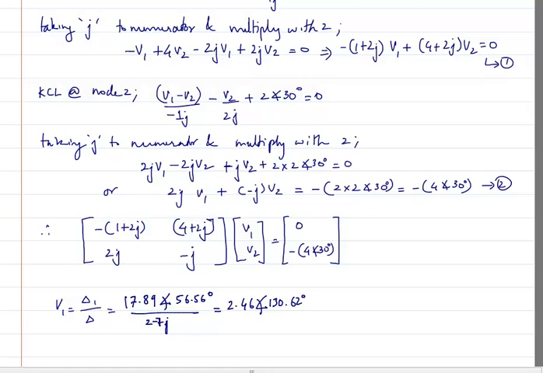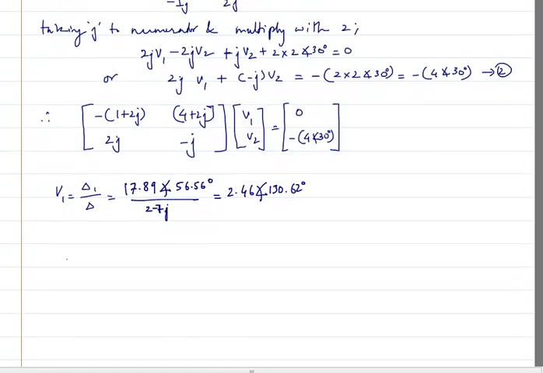Similarly, V2, if you would calculate, V2 will be delta 2 by delta, and the denominator is the same, 2 minus 7j, whereas the numerator is going to be 8.94 angle 93.43.